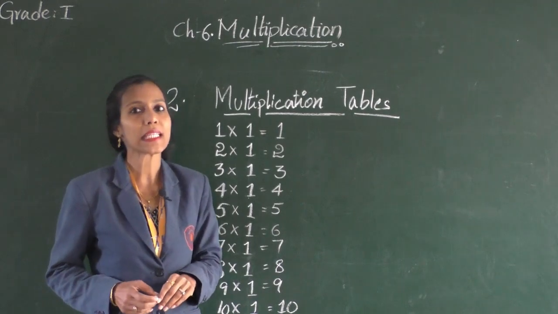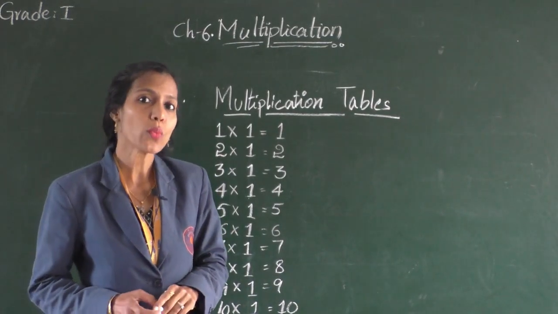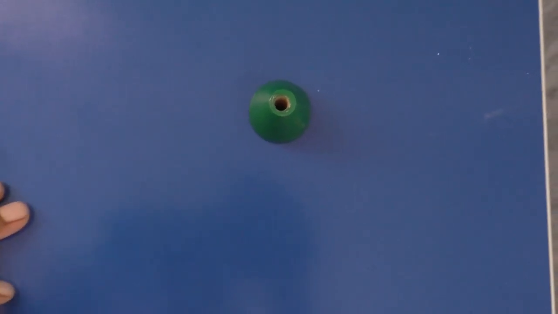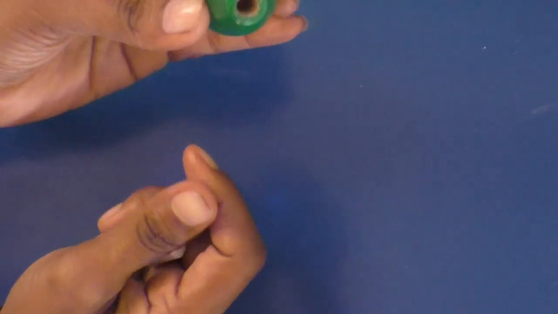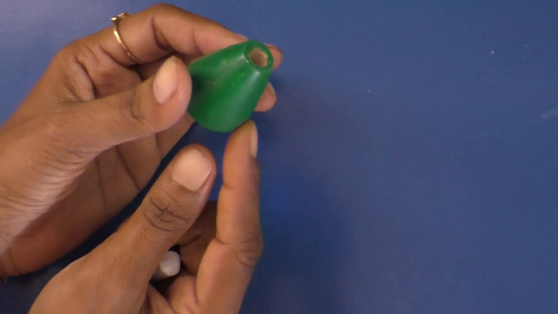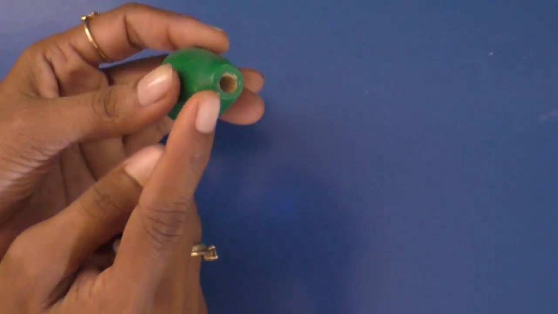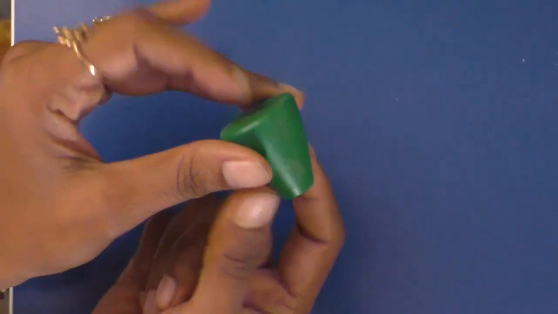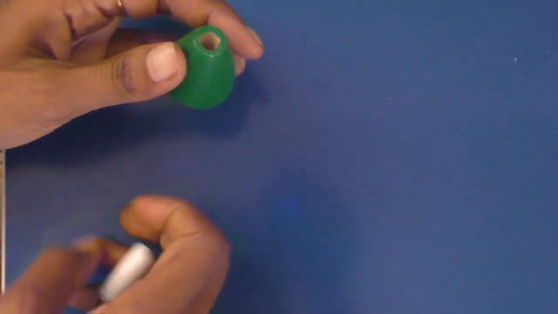Now we will see twos table with help of beads. Now let's build the table of 2. Here we will be using beads. You can see here one bead has 2 holes.